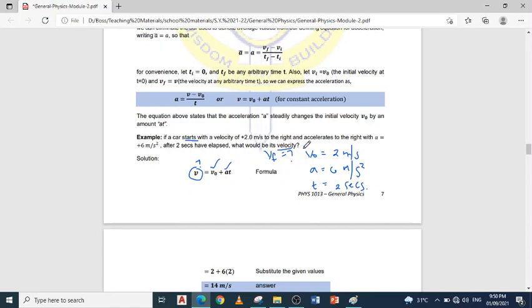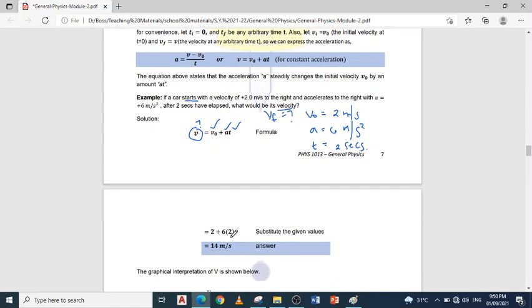Acceleration, given also. And then time, given also. So, direct substitution tayo. Okay? 2 plus 6 times 2. Calculator or pwede mo namang i-solve manually. So, it will give us 14 meters per second.